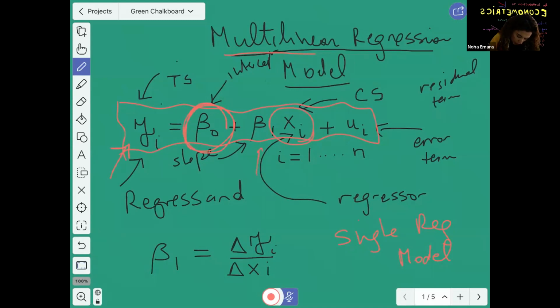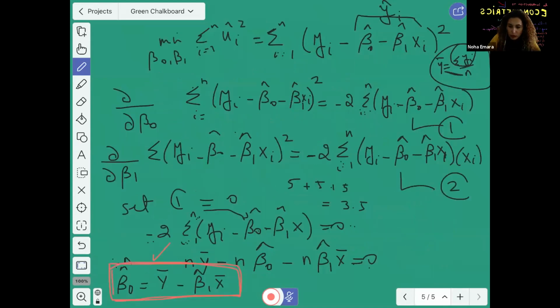In order to compute this, I can get the y bar from my data set. It's the mean of y. If I have a data set on GDP and inflation, I can easily compute their averages. So y bar is the average of GDP, let's say, and this is the average of inflation. So this is not a problem.